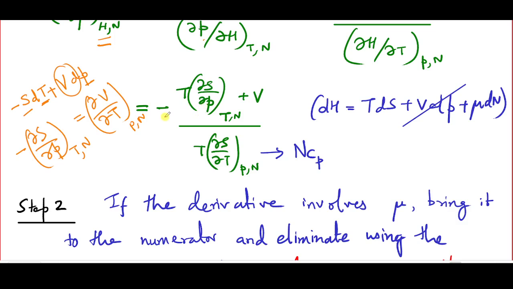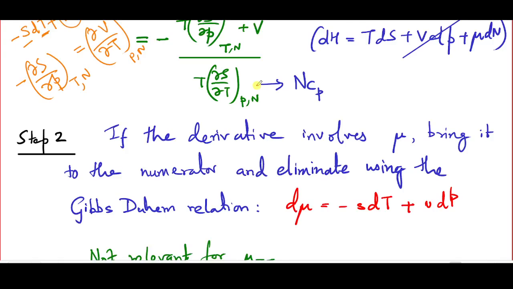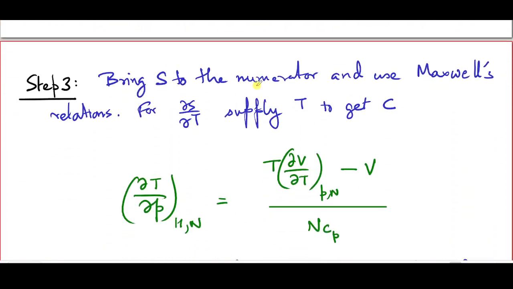We can of course take this minus sign inside the numerator, and that will make this expression T del V del T at constant P comma n minus V for the numerator. The denominator, as we have already seen, is N Cp. So this concludes step 3, getting rid of the entropy from our expression.